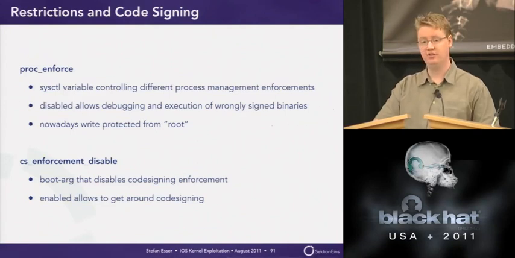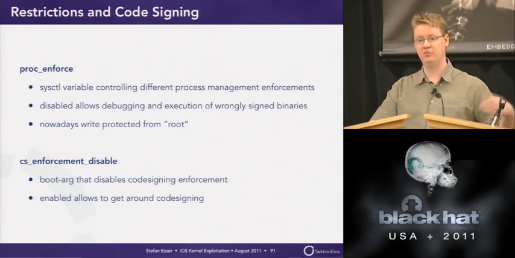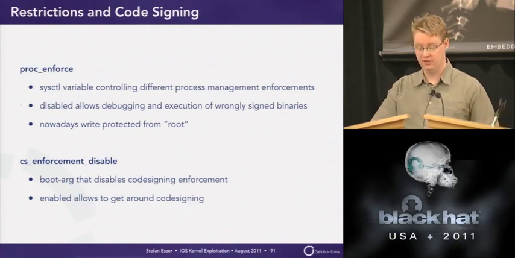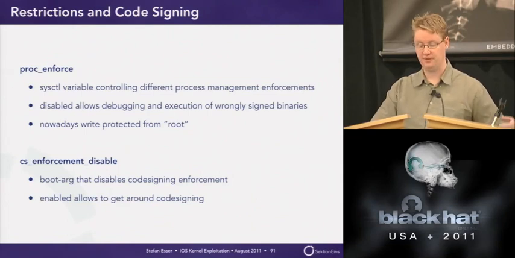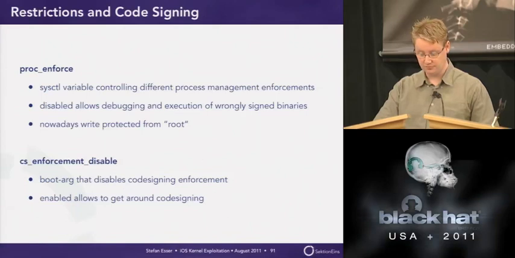Previously, ROP payloads were just disabling it as root user, but with 4.3.0, Apple decided that it would be better to have this as a read-only variable. So with 4.3.0, it's not possible to set this as root anymore, so you have to patch it from the kernel. And this actually allows you to execute wrongly signed binaries.